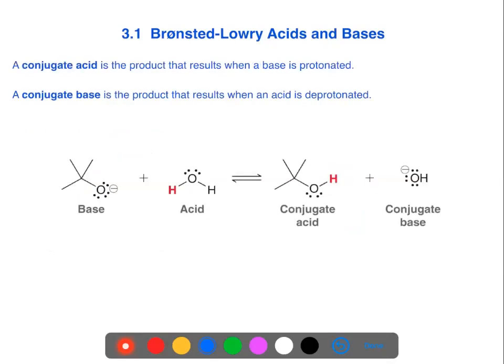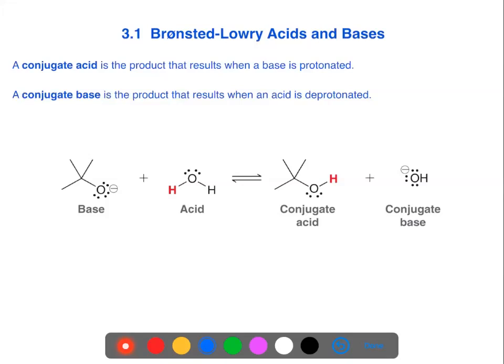Now, when we look at the product state of this acid-base reaction, we have terms to describe the resulting products. A conjugate acid is the product that results when a base is protonated, whereas the conjugate base is the product that results when an acid is deprotonated.